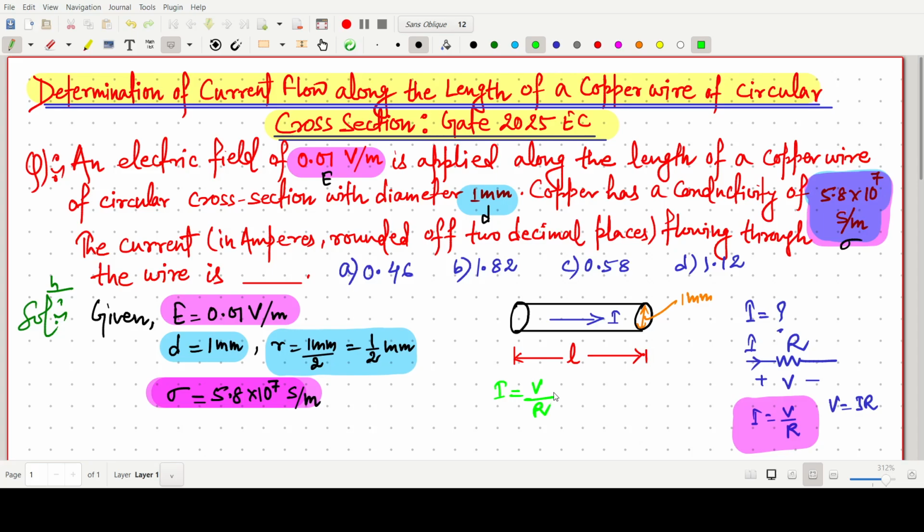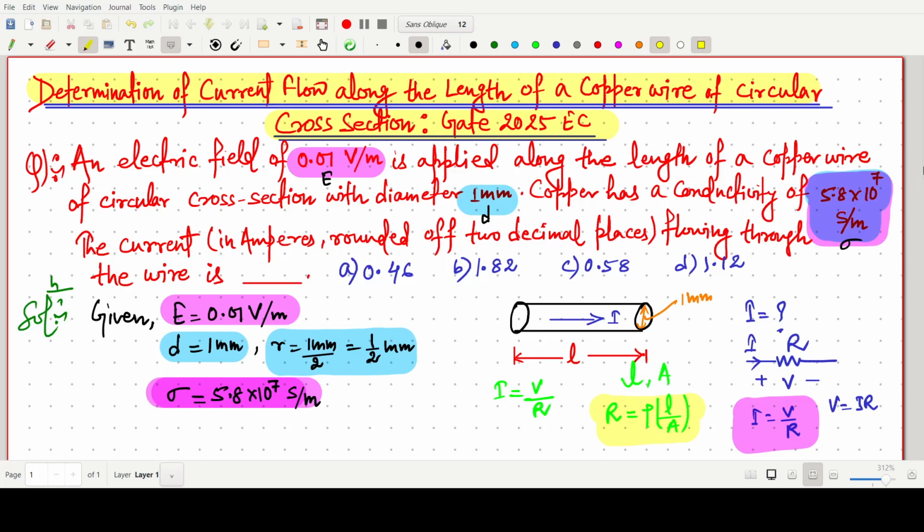Now there is a relationship for this resistance. If length is given and cross sectional area is given, the resistance value is written as R equals rho L by A. This one is a very important formula, so we have to remember it. R equals rho L by A. These are very fundamental formulas.